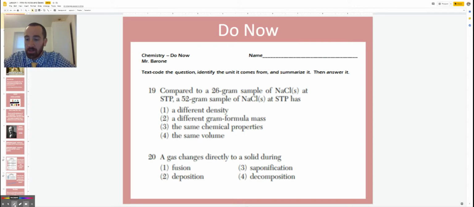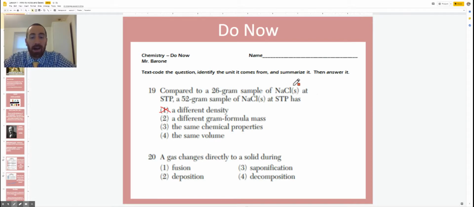So let me get my doodle pen here. Compared to a 26-gram sample of NaCl solid, that's sodium chloride, at STP, a 52-gram sample of NaCl solid at STP has what? Well, a different density? No, they are identical substances. They would have the exact same density.